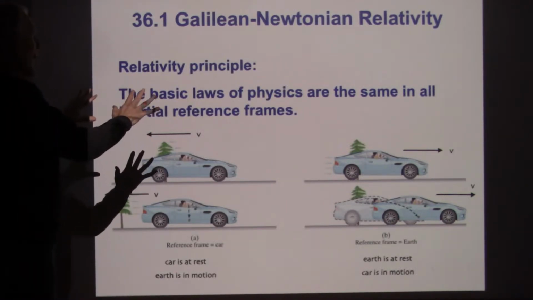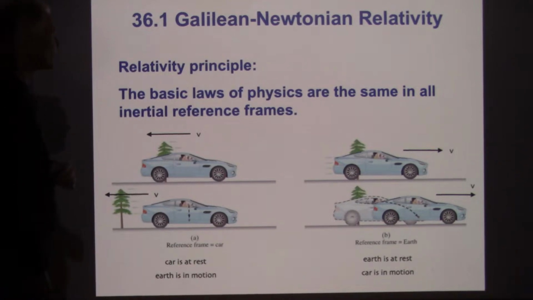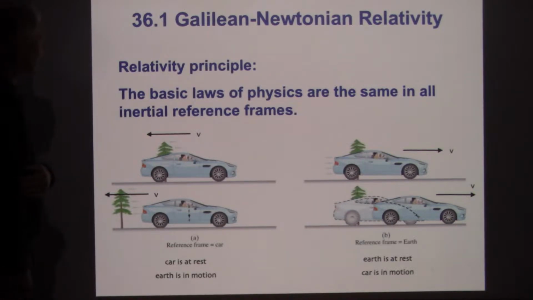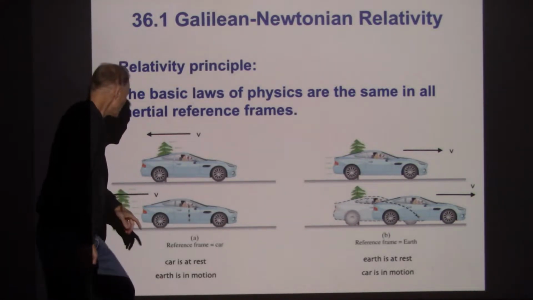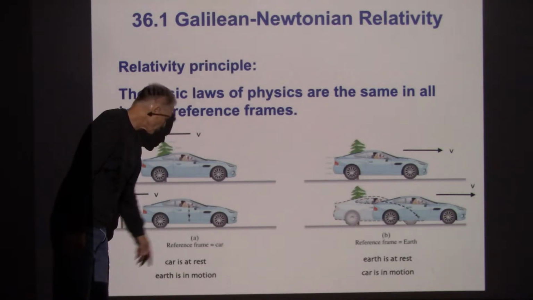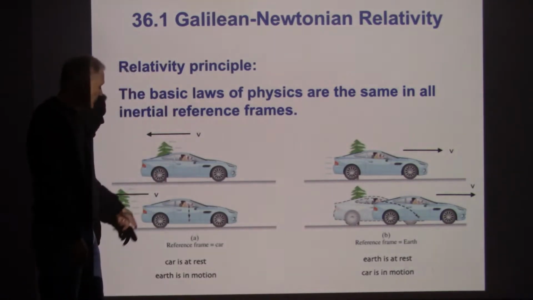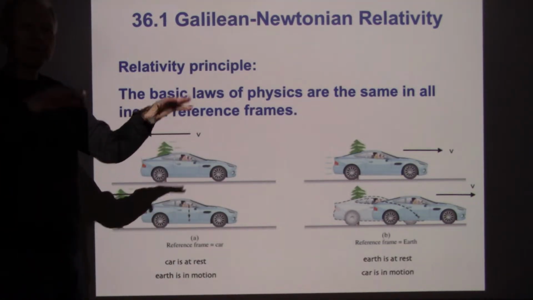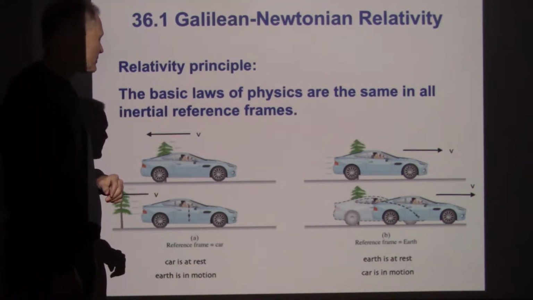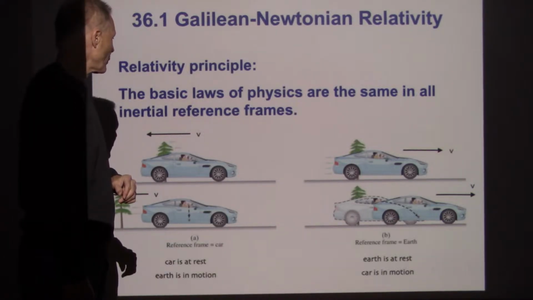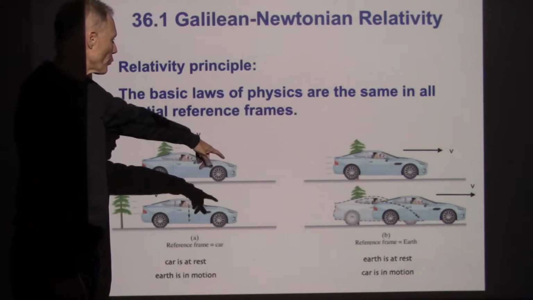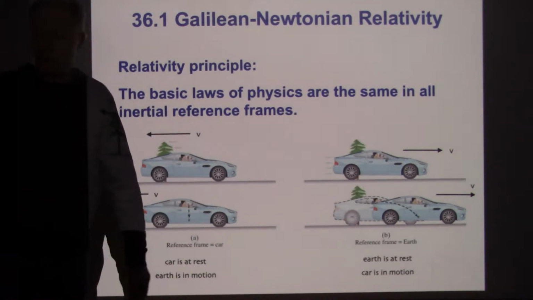Now, as long as the objects here are moving at constant velocity, the physics works the same way in each of those reference frames. So in the car's reference frame, the car is at rest, the Earth is in motion. And by Earth we mean the outside stuff that we see. And in the other reference frame of the Earth, the Earth is at rest and the car is in motion.